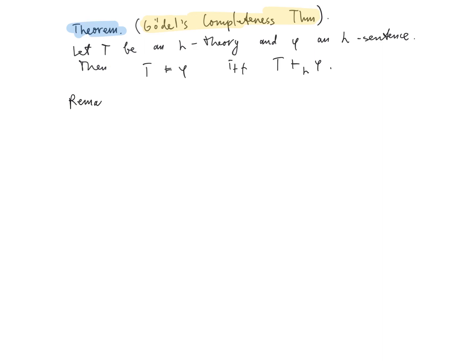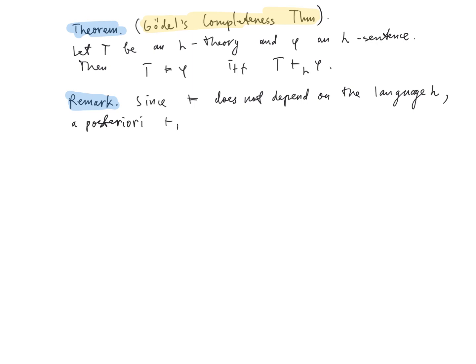First of all, we make the following remark. Since we know that the notion of logical consequence does not depend on the language L, in the sense that as long as both T and phi are L formulas, the implication holds in the sense that any L structure realizing T also has to satisfy phi, and since by Gödel's theorem the two notions are equivalent, it follows that a posteriori the notion of provability in the sense of the language L does not depend on L either.